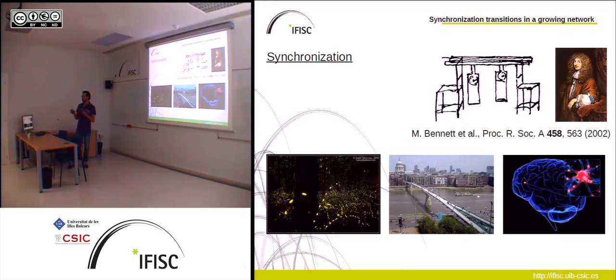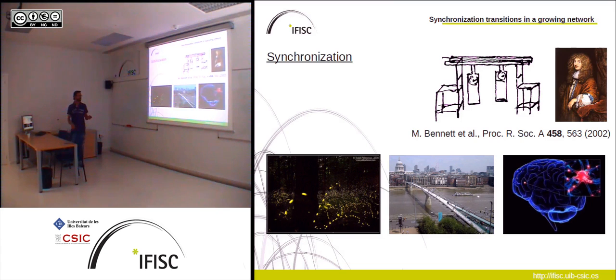They start flashing during the night randomly when they think they are ready, and after a while all of them start to flash at the same time. So here you can see a snapshot of the maximum intensity of this flashing.